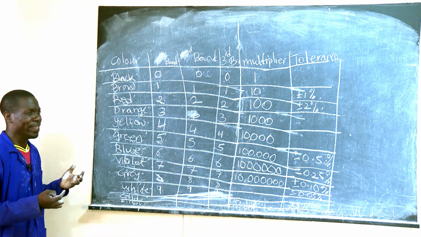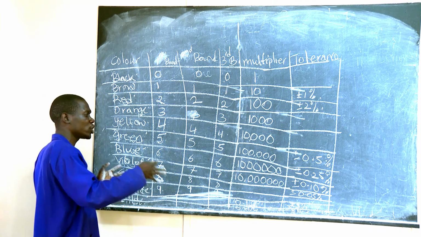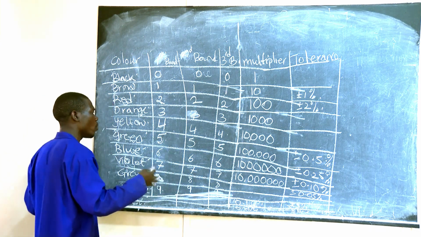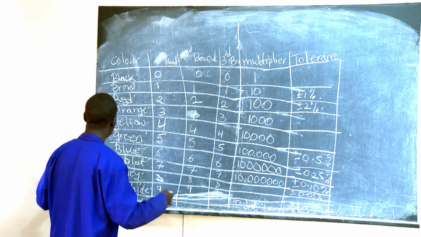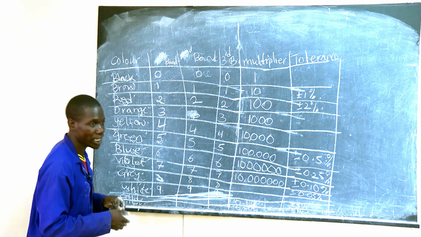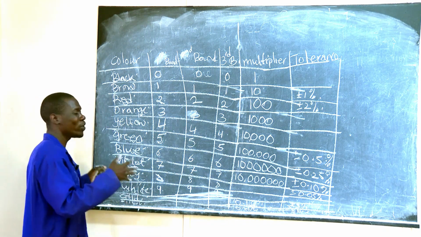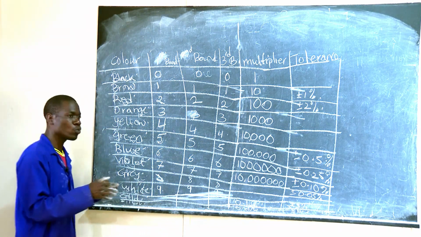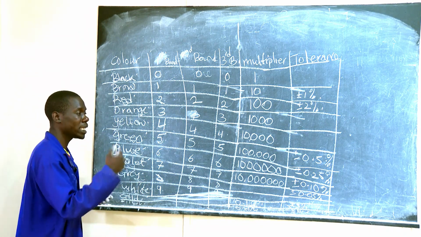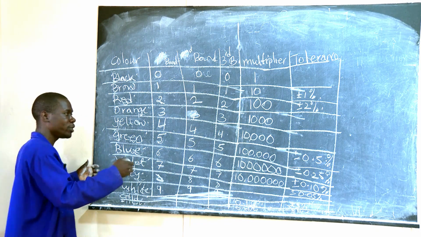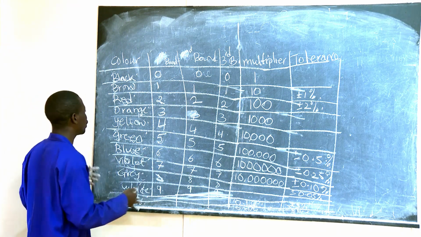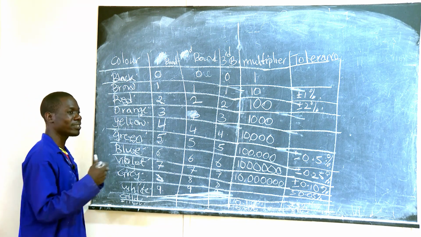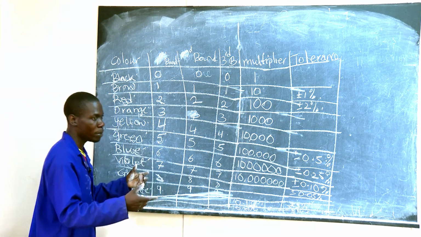What do I mean? This is the range in which this resistor can operate, or the amount of current which this resistor can allow to go through. That's what I mean when I talk of the upper and the lower band: the range in which a resistor can allow a certain amount of power to go through.